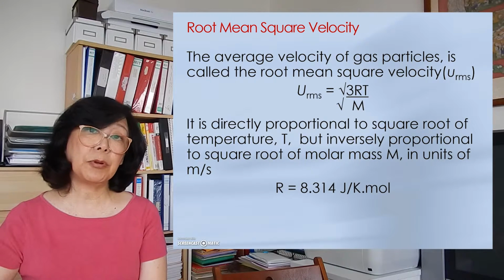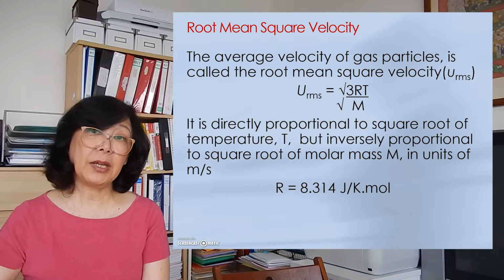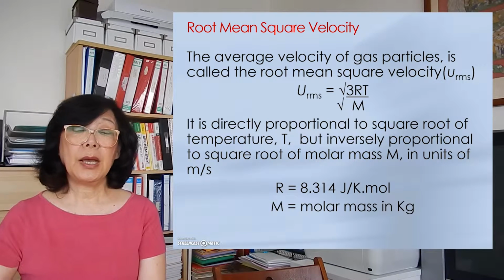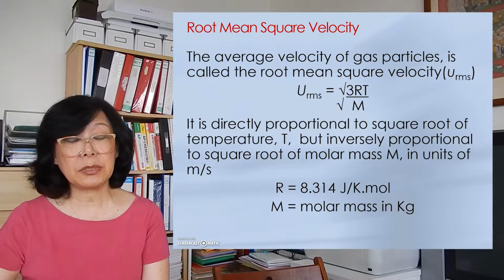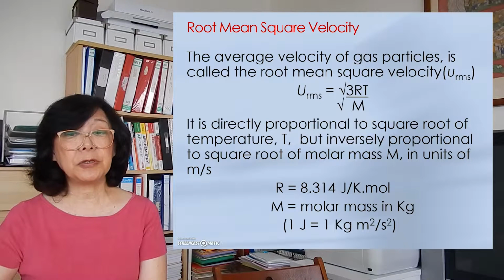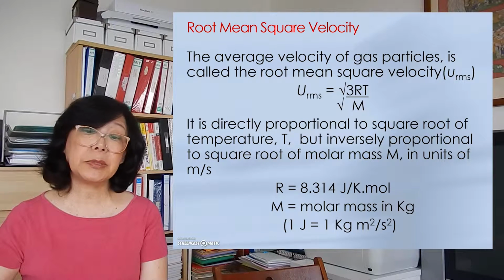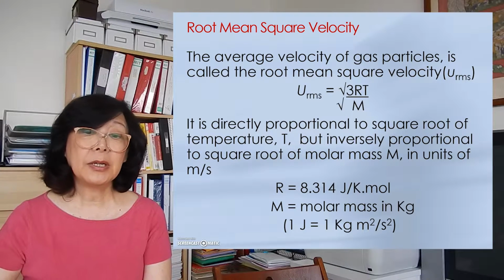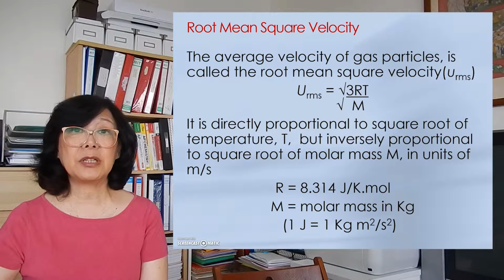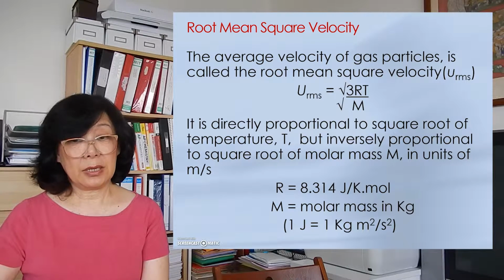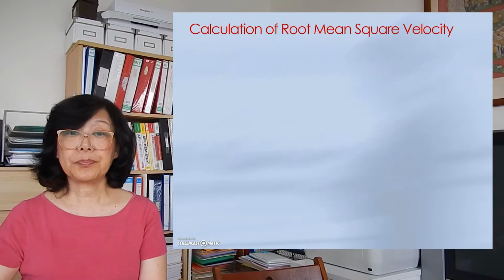So R is 8.314 joules per K mole. M is the molar mass in kilograms, because 1 joule is equal to 1 kilogram times meter squared per second squared. Therefore, we must be very careful that the molar mass be calculated in kilograms.